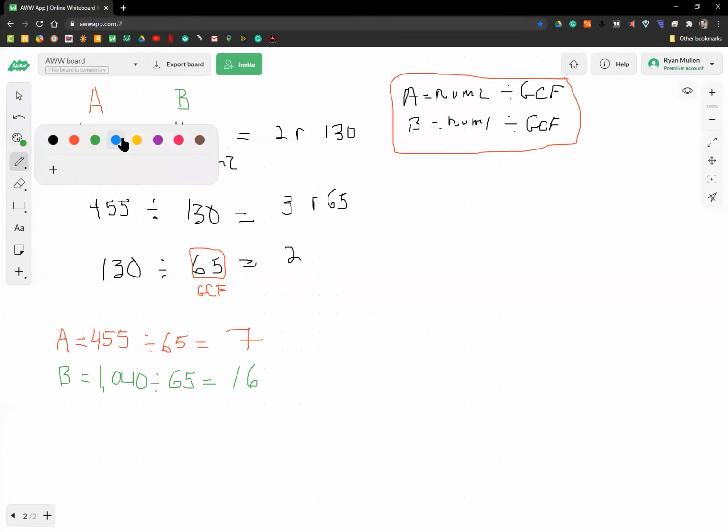And then remember the LCM: how many can I make with this? Well, if I have 7 of item A, I am just going to take my 7 and multiply by 1,040.